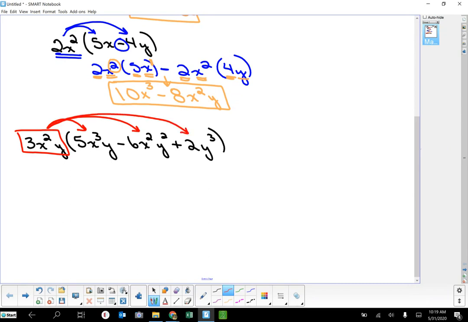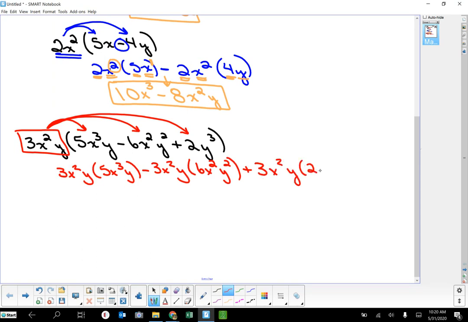So one more time, this is the last time I'm going to do this. I'm going to write out every single step. So 3x squared y times 5x cubed y, bring down the negative. 3x squared y times 6x squared y squared, bring down the positive, 3x squared y times 2y cubed. And then we're going to go through and multiply.